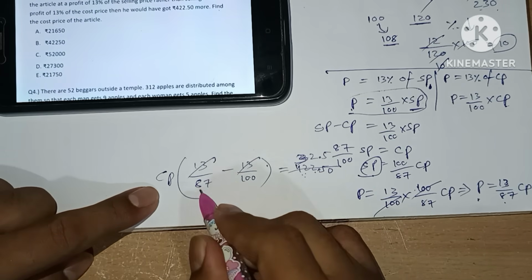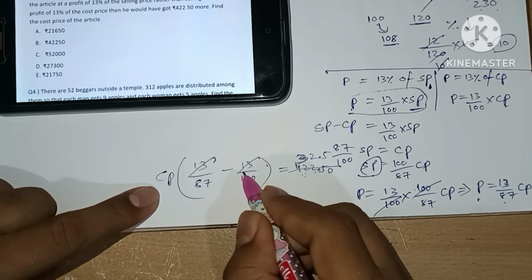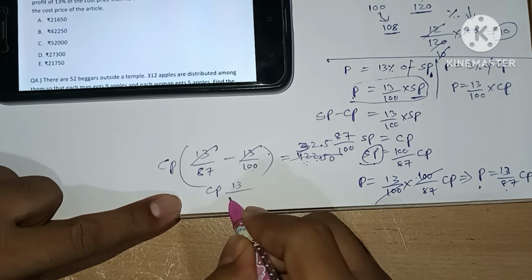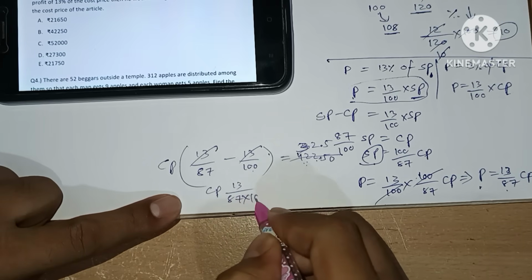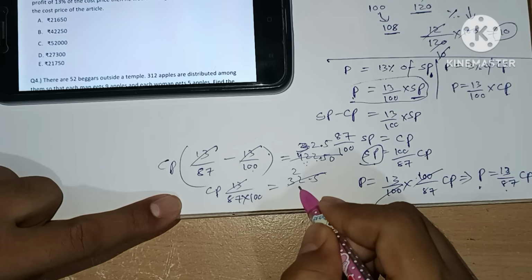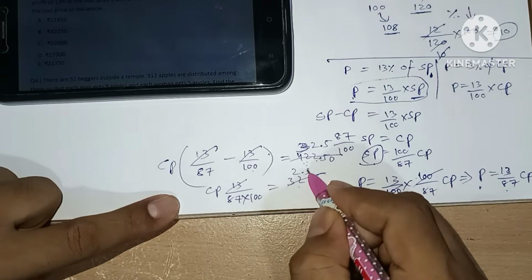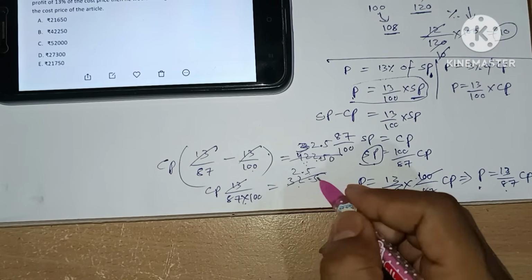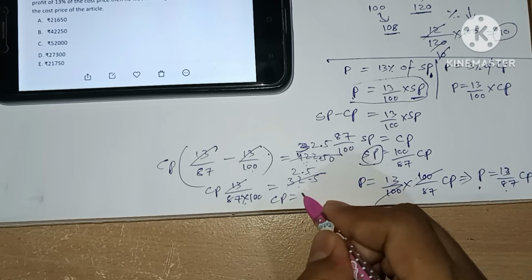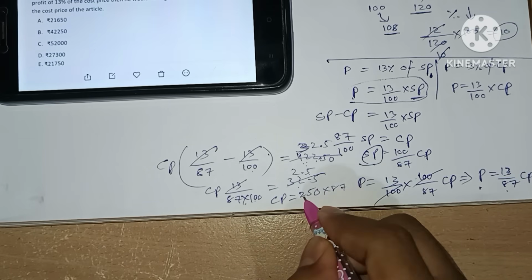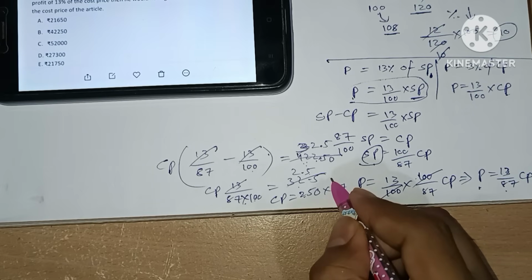So here what we have is 1 by 87 minus 1 by 100. 100 minus 87 will be 13. So again we get the CP value: 13 divided by 87 into 100 equals 32.5. 13 twos are 26, 65 means 2.5 more. So we get 2.5, and the total CP value is 2.5 into 100, which is 250, into 87. 25 sevens are 175, 25 eights are 200.